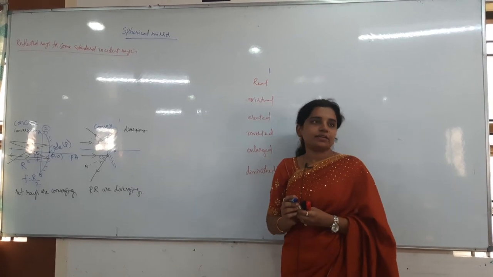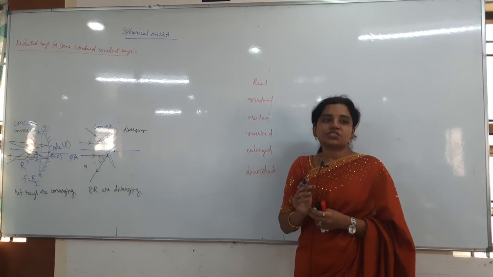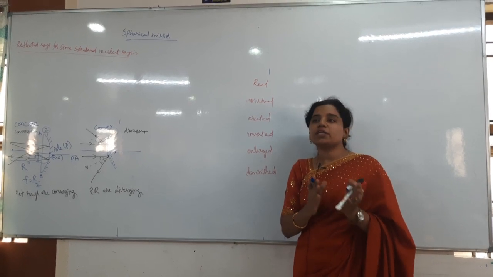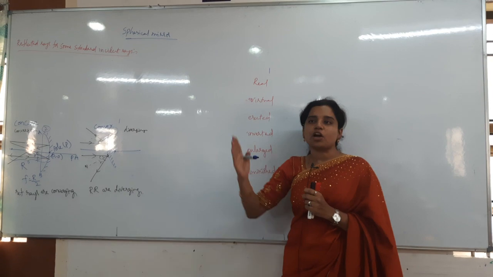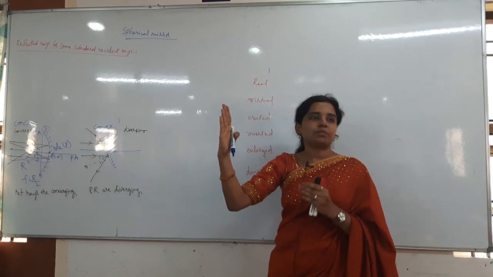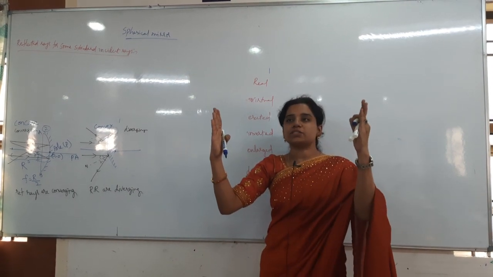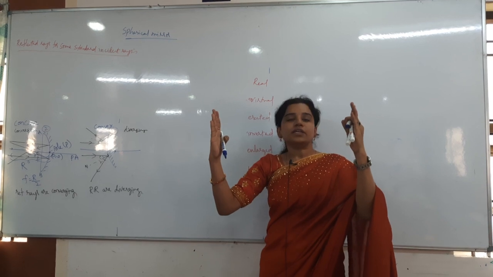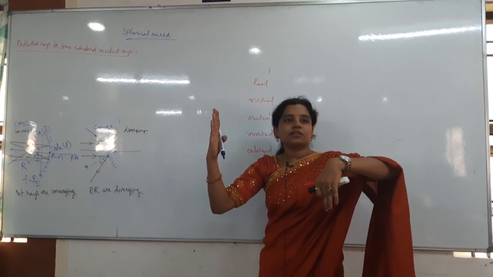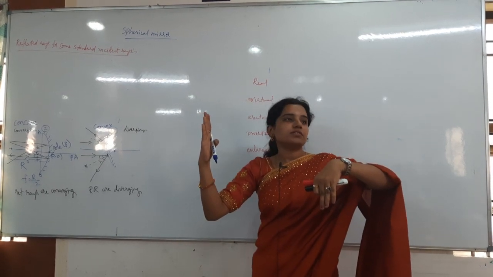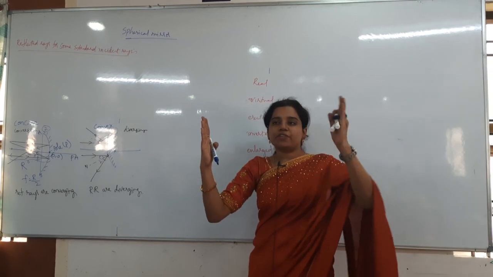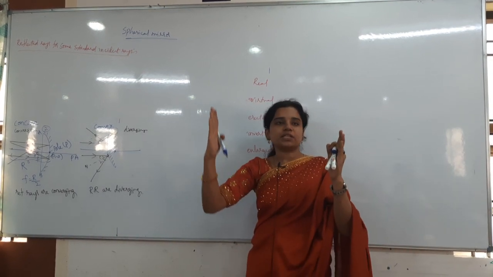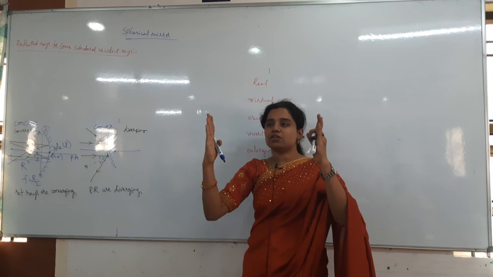Next one is erected. What do you mean by erected? Straight, that is, the same orientation as the object. For example, if I have taken the object in the upward direction, then my image is also in the upward direction.